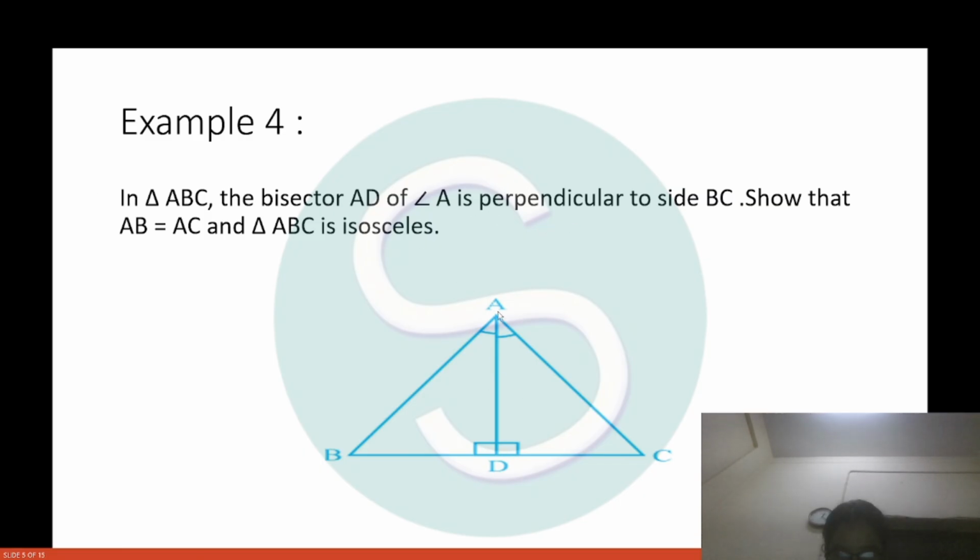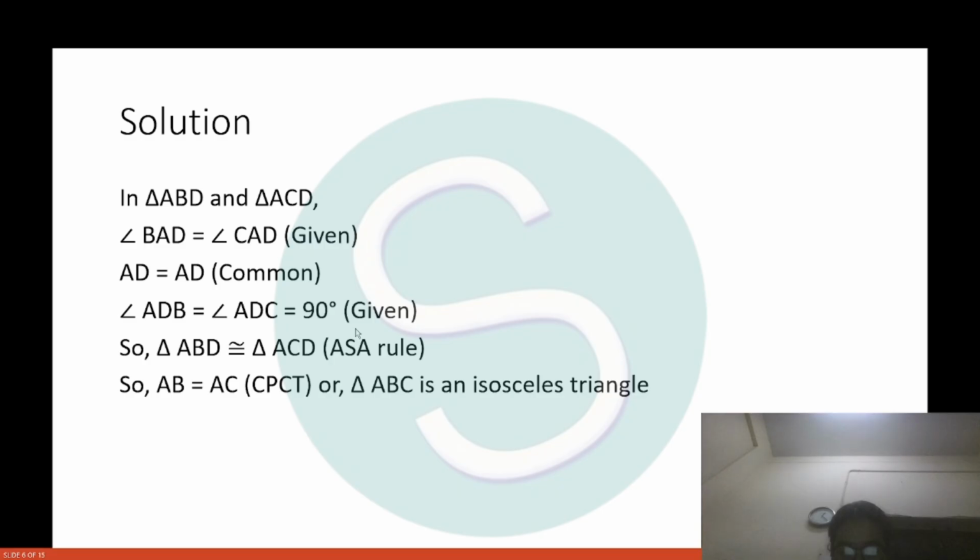Angles ADB and ADC are both 90 degrees, and this side is common. If we prove that these two triangles are congruent, then by CPCT we can prove AB equals AC. So how will we proceed?